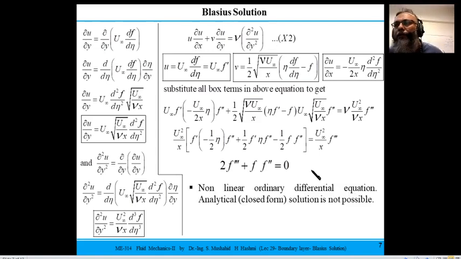The point is this ordinary differential equation is also a non-linear differential equation, and its closed form or analytical solution is still not possible.